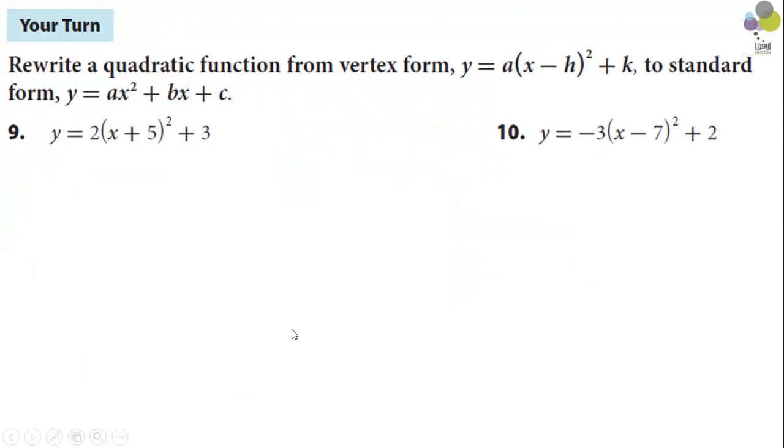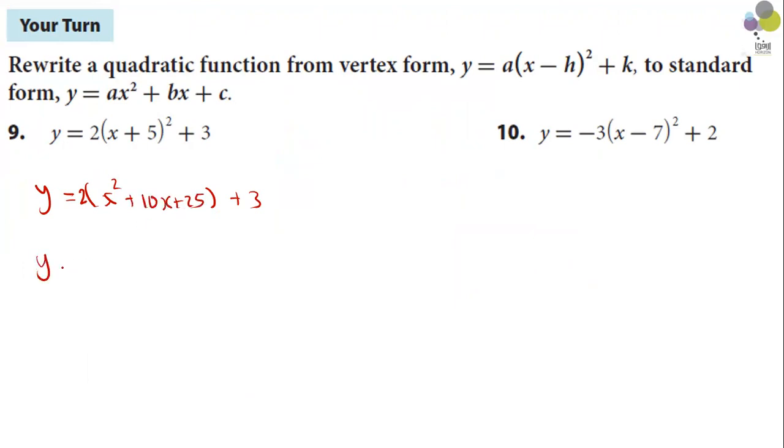Your turn. Rewrite a quadratic function from vertex form into standard form. So like what we did before, we have to expand the binomial square. 2 multiply, plus 3. This x squared plus 25 here, and the middle term will be 10x.